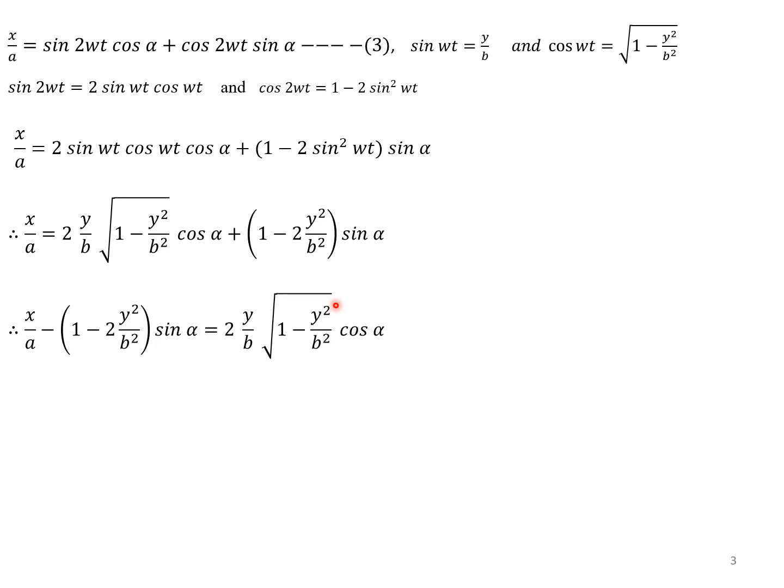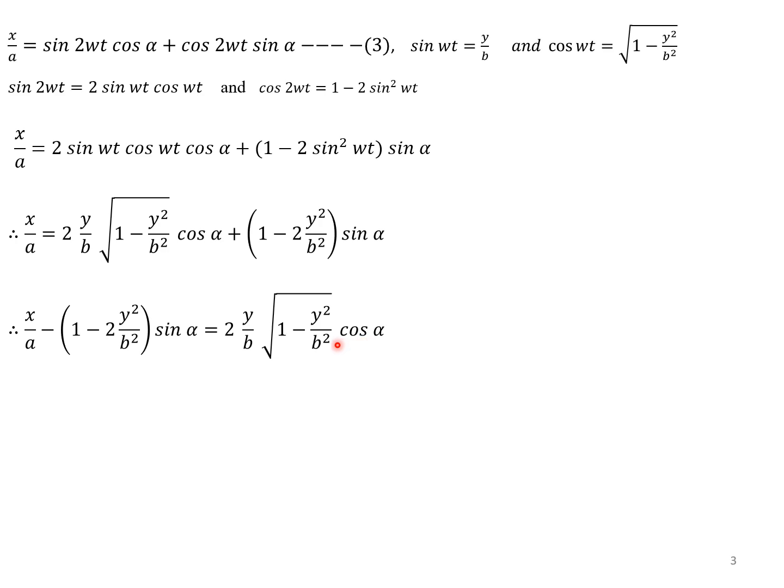Then transfer this term to the LHS. We get x/a - (1 - 2y²/b²) sin α = 2 (y/b) square root of (1 - y²/b²) cos α.